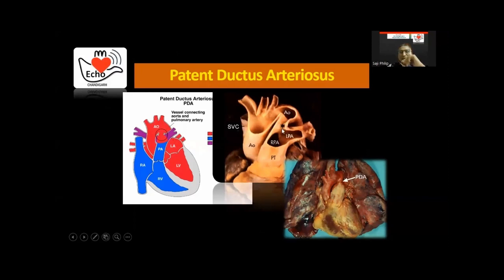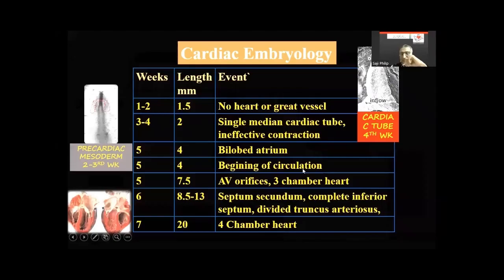So the PDA orifice will be very near to the LPA orifice. Sometimes it can be in the mid or a bifurcation of the PA. The PDA can arise depending upon the arch, right or left, so we mainly deal with the left aortic arch and the PDA.